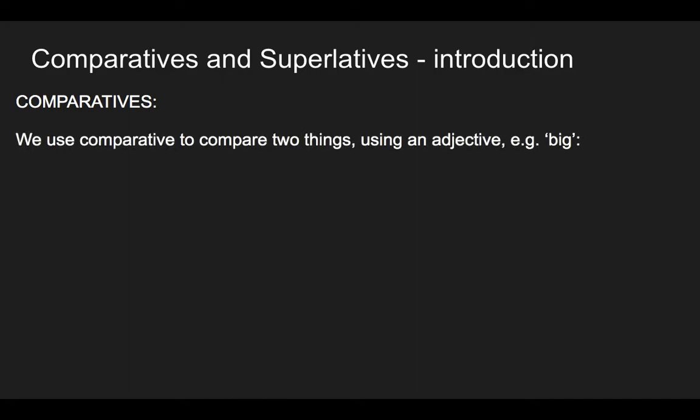So introduction, comparatives. We use a comparative to compare two things using an adjective. For example, big. An elephant is bigger than a mouse. Here you can see comparative. We have the verb to be, is, big becomes bigger than, and mouse.